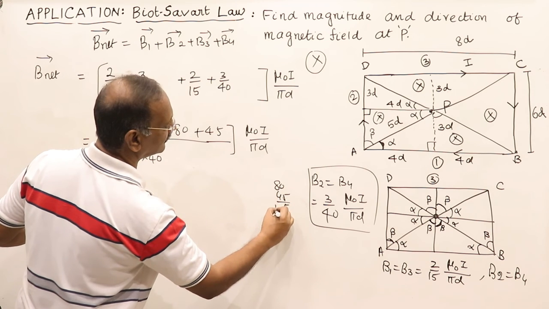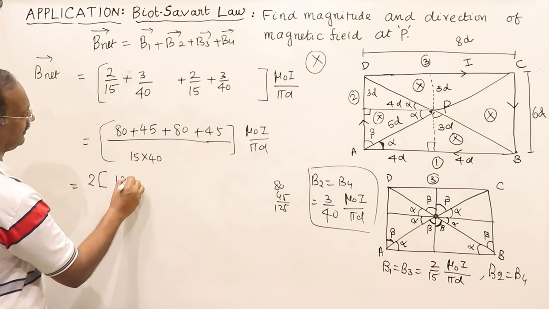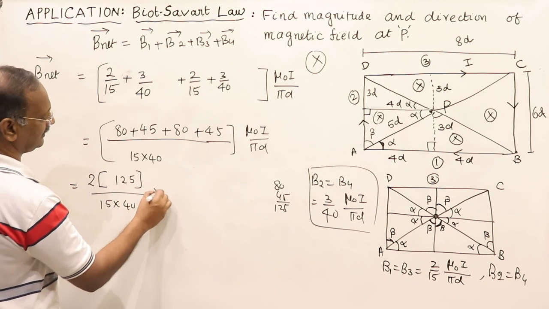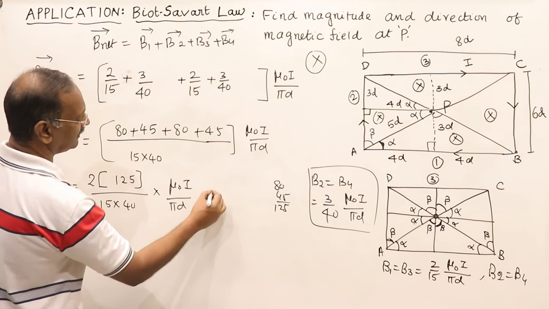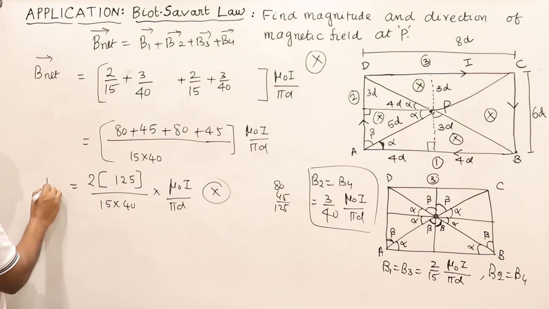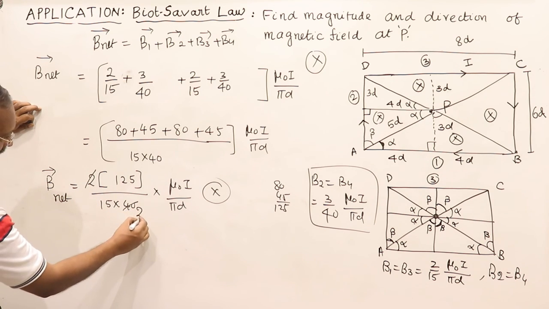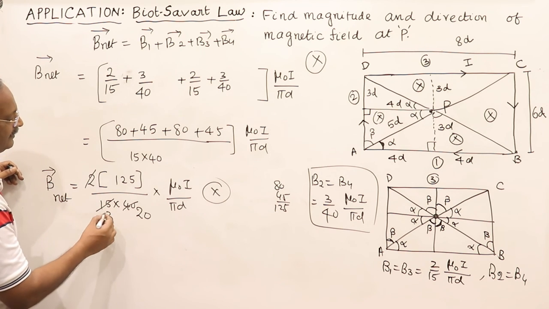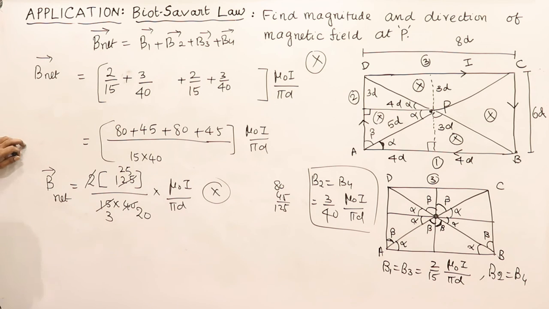Because we have taken 2, 125 divided by 15 into 40 into mu naught I by pi d, and the direction in this way, this can be written as B net. So how has this become 20 and 15, this will become 3, 2, 5, 2, 5.